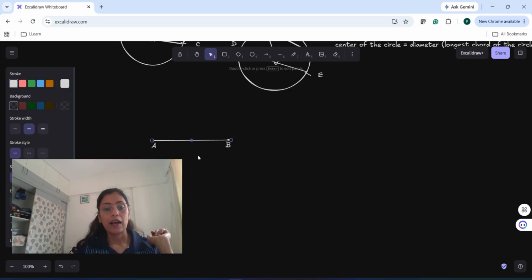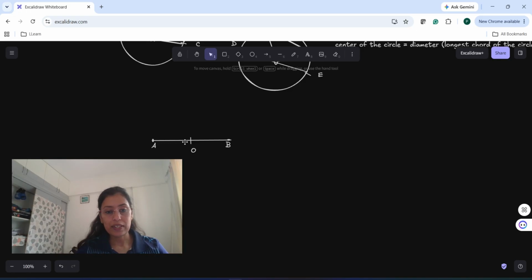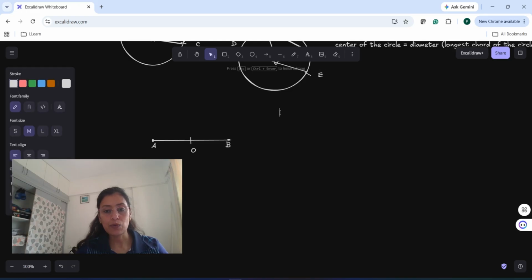One simple way is I join A to B. Now this is the center of this line A to B. I call this center O. Because this is the center of this line, this will mean OA equals OB.